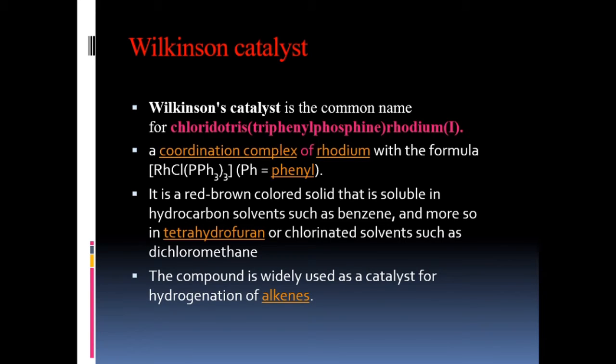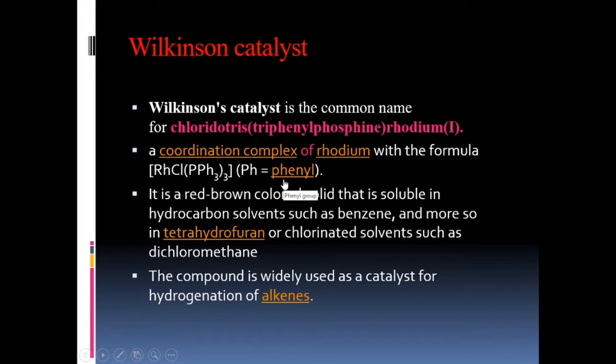Now, Wilkinson's catalyst. Wilkinson's catalyst is the common name for chloridotris(triphenylphosphine)rhodium(I). It is a coordination complex of rhodium with the formula RhCl(PPh3)3, where Ph is a phenyl group.